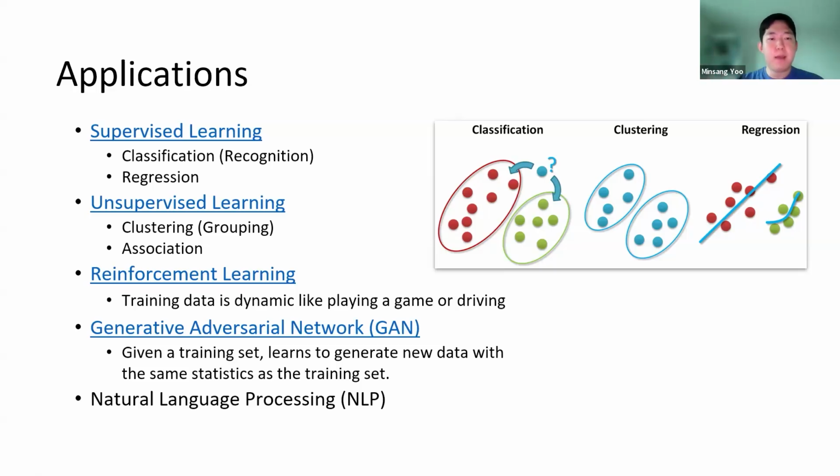Those kinds of methods use the generative network. And then natural language processing is studying machine learning in languages. It's used a lot in ChatGPT because it's talking between people.